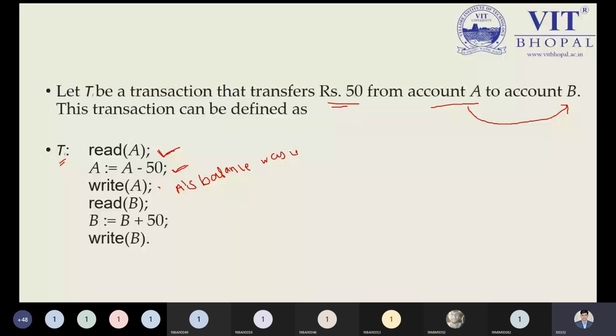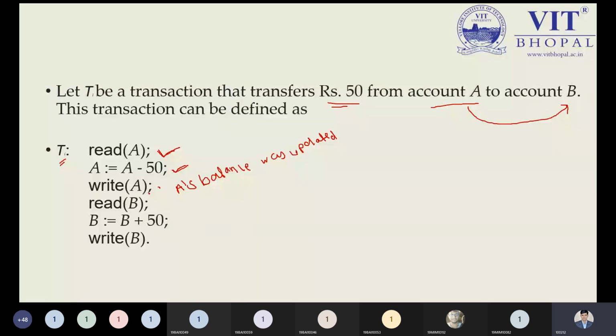Now here is my point. Before reading B, suddenly the power goes off. A's balance was updated and B's balance was not updated. At this moment, your recovery management plays an important role to see whether the transaction succeeded or failed. A transaction is complete when it gets some acknowledgement or gives a message that it is successful.